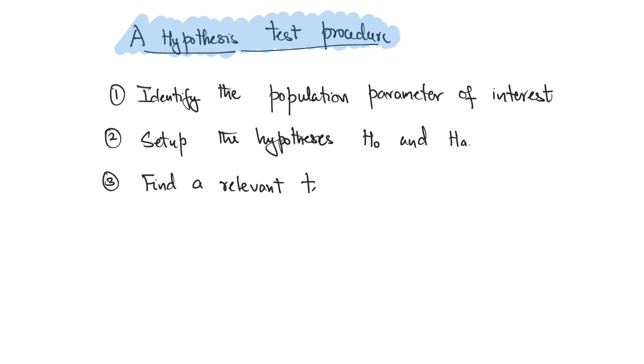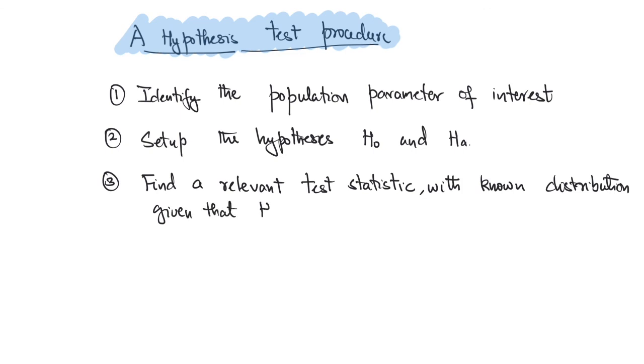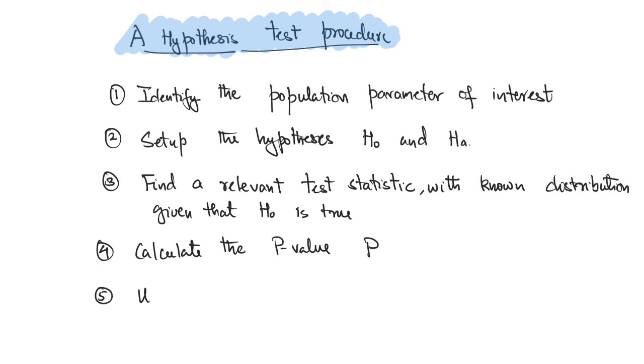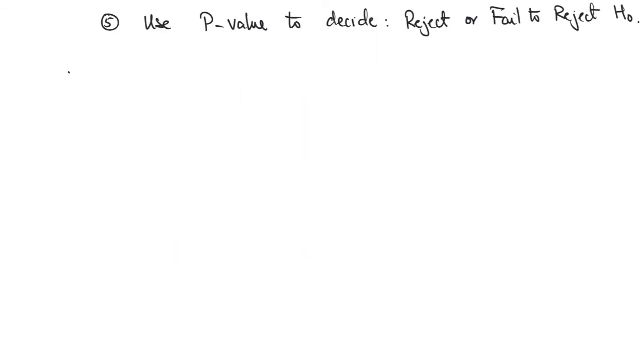We then find a relevant test statistic with a known distribution when the null hypothesis is true. We will then calculate the p-value p, and finally we will use the p-value to make a decision. We either reject or fail to reject the null hypothesis.